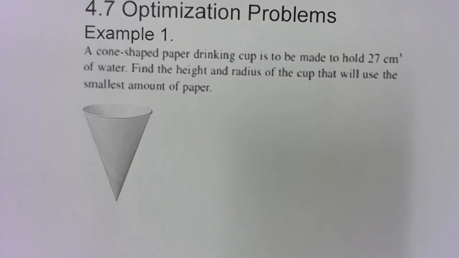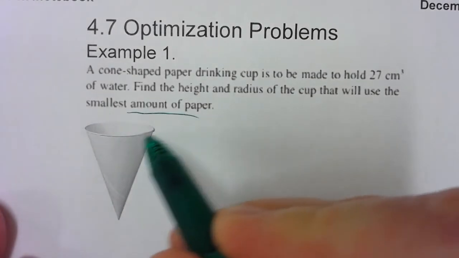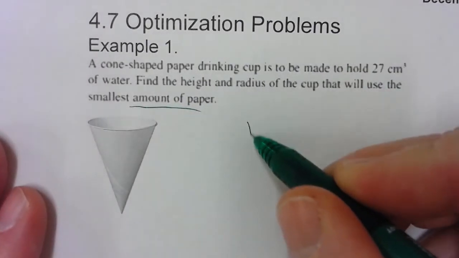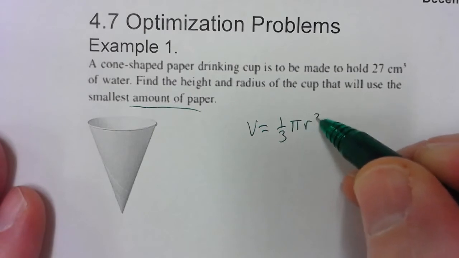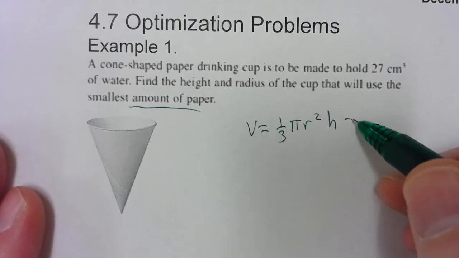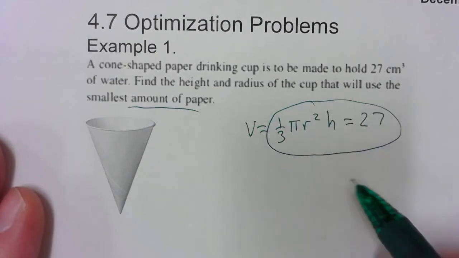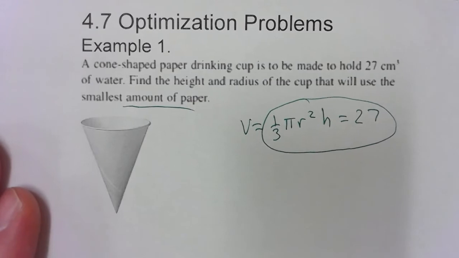So there's going to be some kind of helper equation, and then there's going to be some kind of governing equation. And our governing equation is surface area, because we want to have the smallest amount of paper here. But our volume is equal to 1/3 pi r squared h, and that's 27. So that's my helper equation, and I can solve for h, I can solve for r, and then plug it into a different equation.